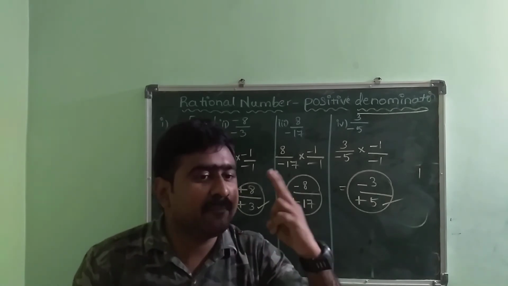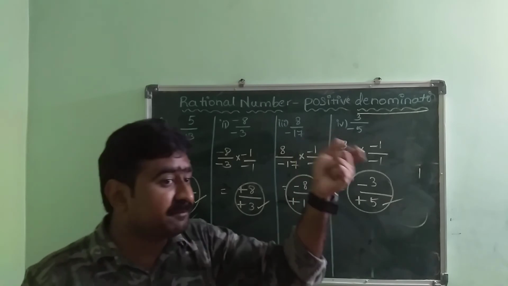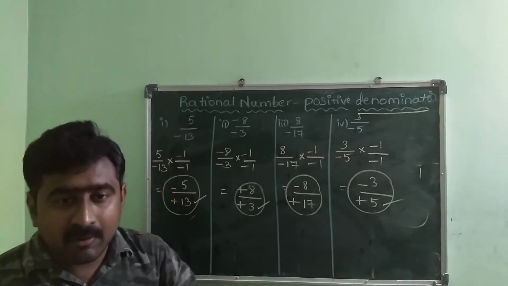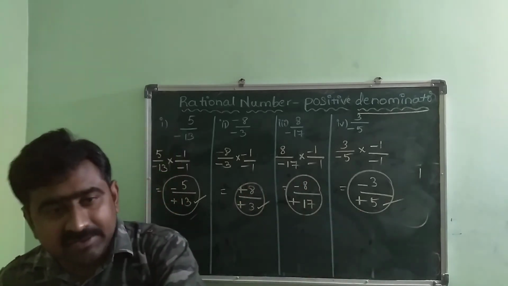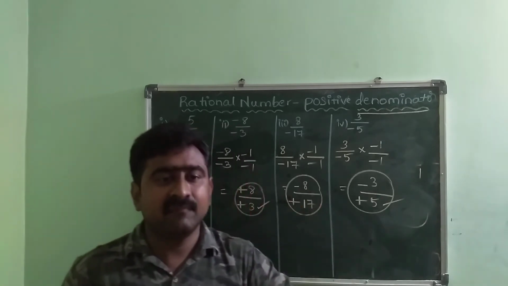So these two are the very important models. In the previous session, we discussed how to express a given rational number with a positive numerator. But right now we have discussed how to express a given rational number with a positive denominator. The only logic is multiplying and dividing with minus 1.